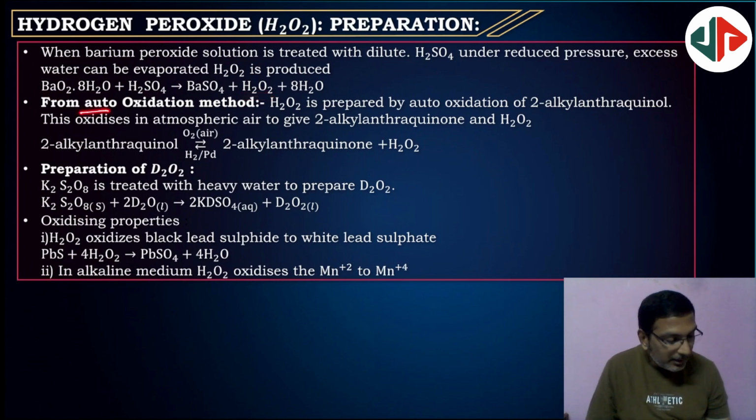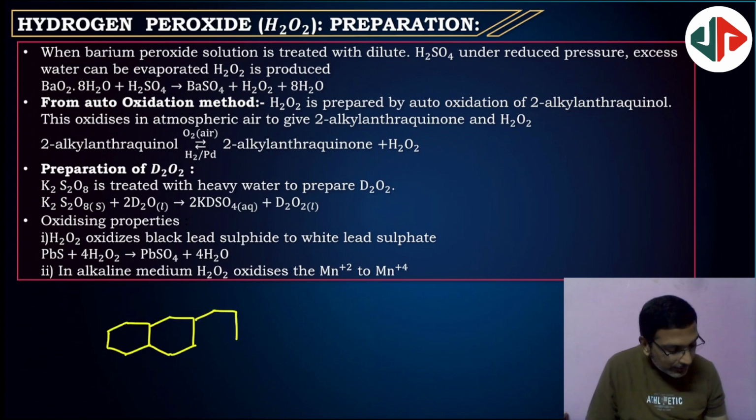Next, the auto oxidation method. It is the oxidation of 2-alkyl or 2-ethyl anthraquinol in the presence of air to form anthraquinone and H2O2. I will write the equation for this. It is a very important process. 2-alkyl means I am writing here 2-ethyl anthraquinol.